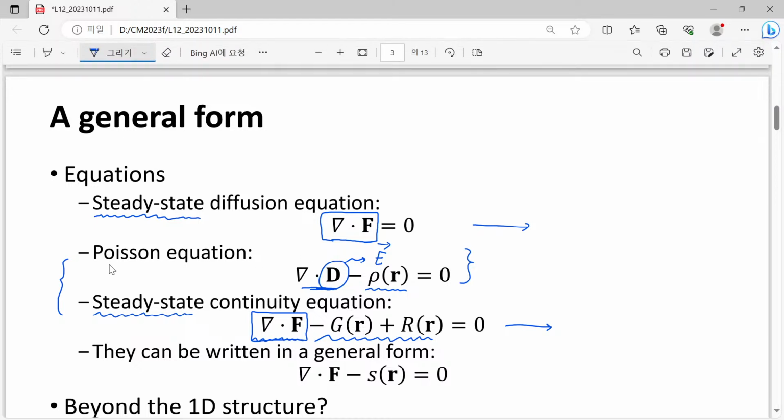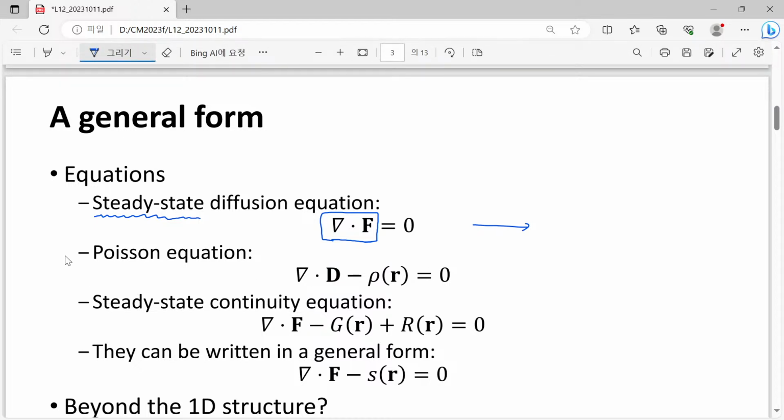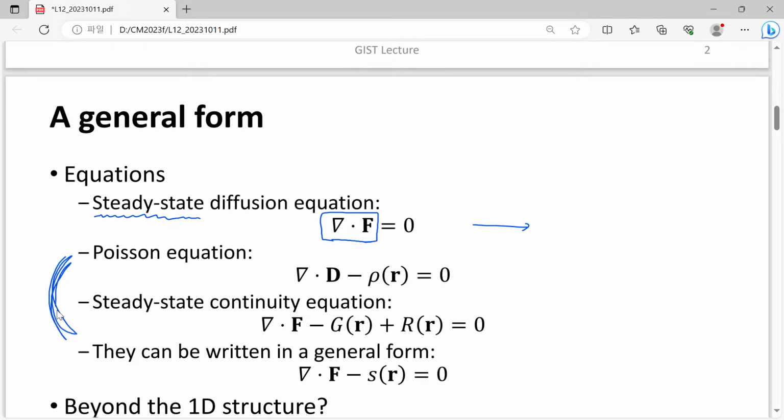Of course you cannot immediately understand the importance of these two equations, but in device simulation, not process simulation, they build the basic governing equations. So please compare these two or three equations and try to find the common factor they share.